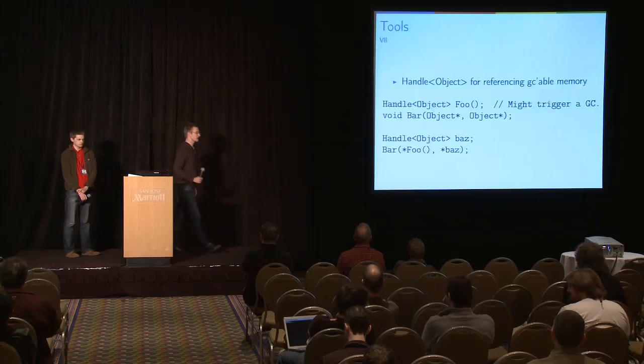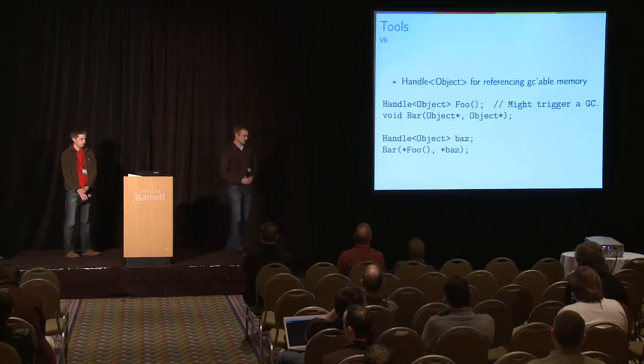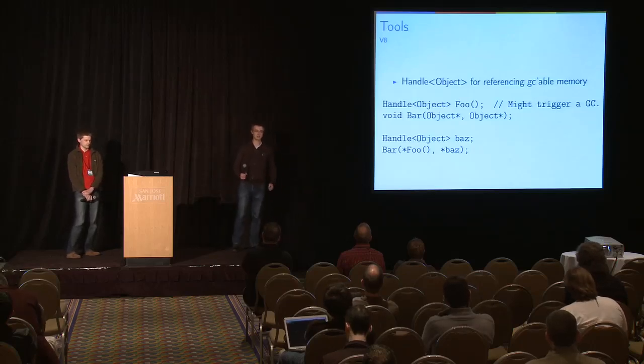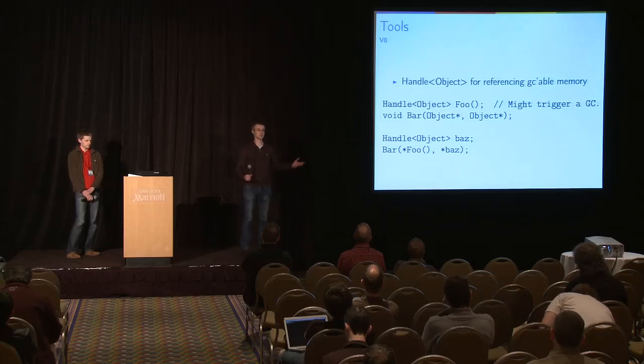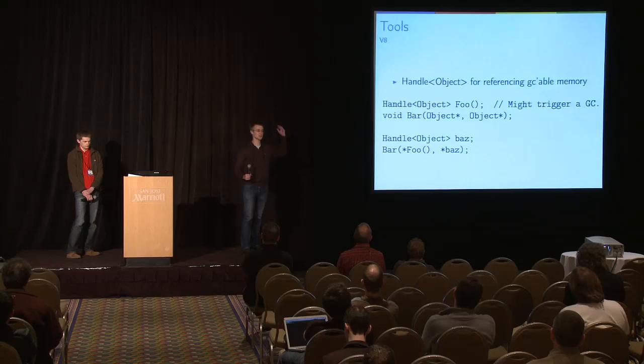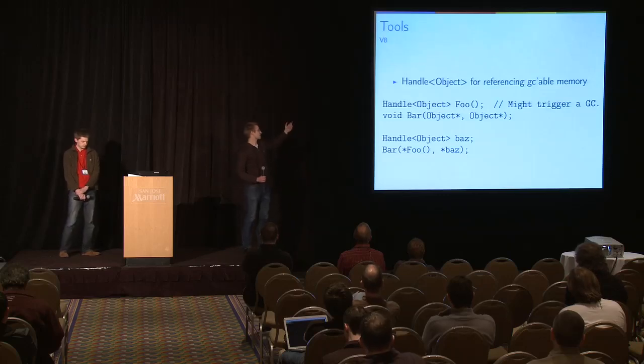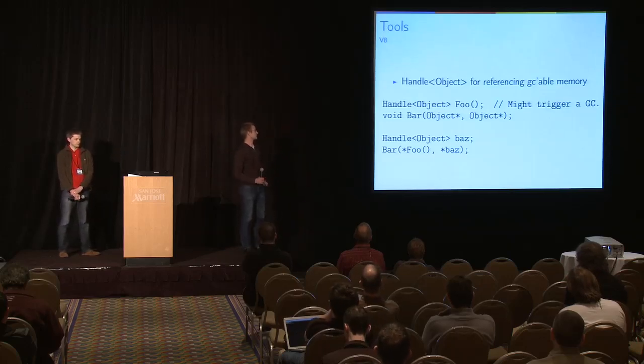Here's another example from V8. V8 is the JavaScript virtual machine in Chrome. And JavaScript is a garbage collected language, which means there's some function in V8 that does garbage collection, which frees up some JavaScript objects and moves around other JavaScript objects. And so V8 has pointers to these JavaScript objects. If that's a raw pointer and the garbage collection runs, then the pointer may become invalid. So they have this handle smart pointer class, and that's a pointer that survives garbage collection.